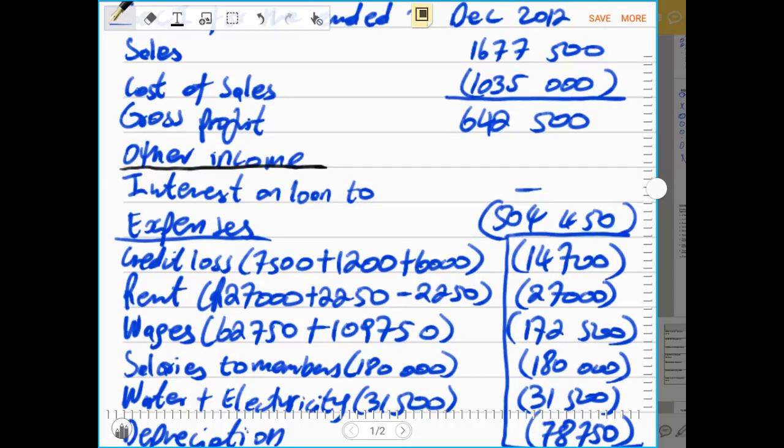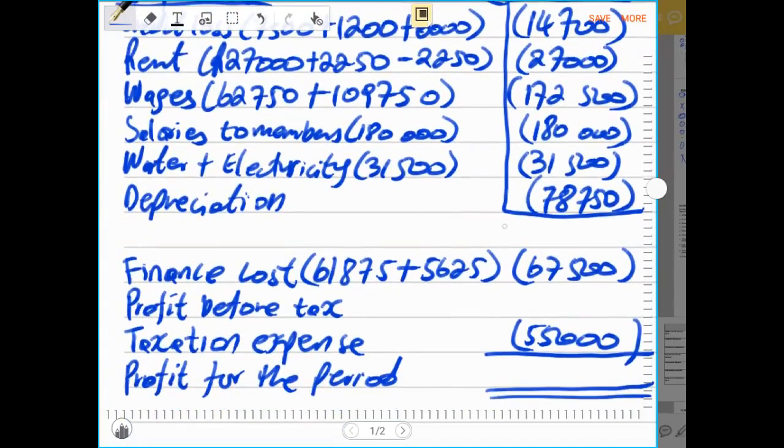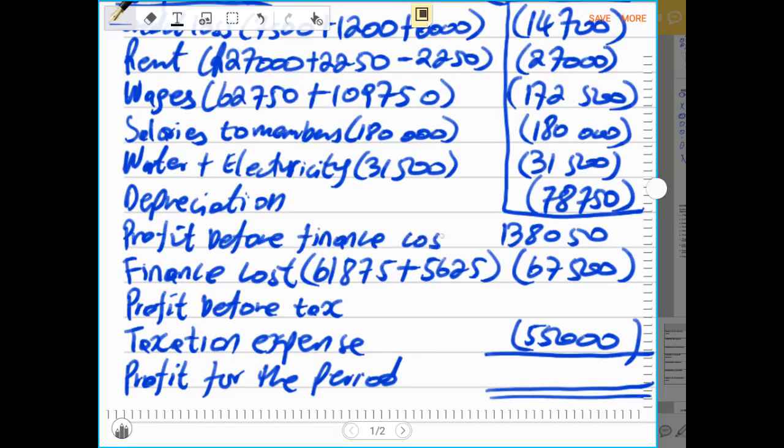That will give us the operating profit of 138,050, which is operating profit or profit before finance cost. However you call it, you're still fine. Profit before finance cost. Then we have finance cost.